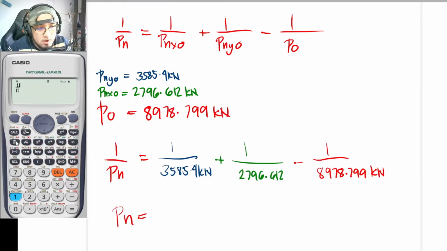So 1 divided by 3585.4 plus 1 divided by 2796.612 minus 1 divided by 8978.799. So ngayon, teka, i-shift solve ko na lang. So 1 divided by alpha x.